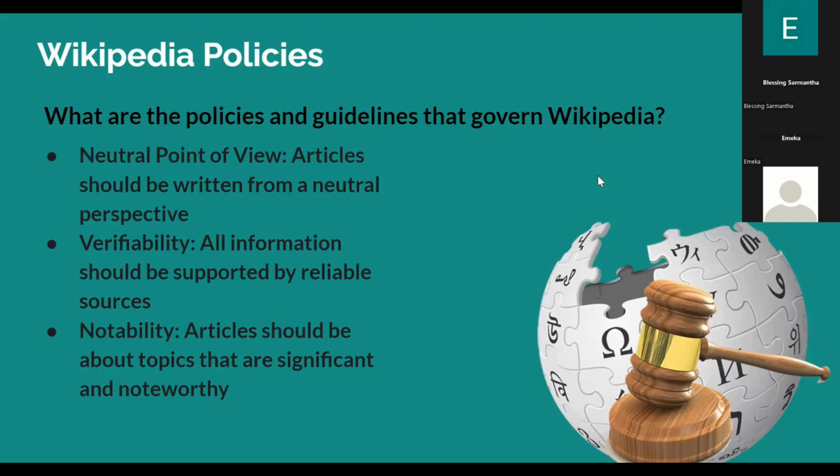It should be neutral. For example, I'm writing, okay, the best singer in Nigeria right now is Burna Boy. Burna Boy is a Nigerian musician with a Grammy award and several awards. Imagine me saying that Burna Boy is a Nigerian singer with a Grammy award.